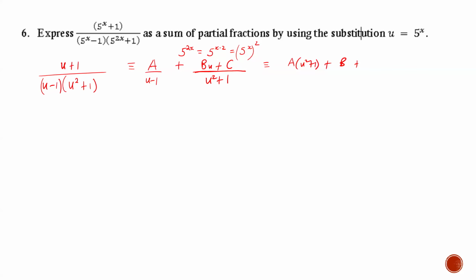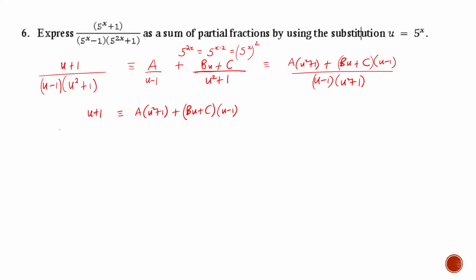I'm dividing this by u minus 1 times u squared plus 1. So we equate the numerators. So u plus 1 must be equivalent to a times u squared plus 1 plus bu plus c times u minus 1.